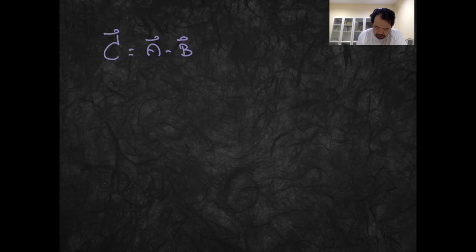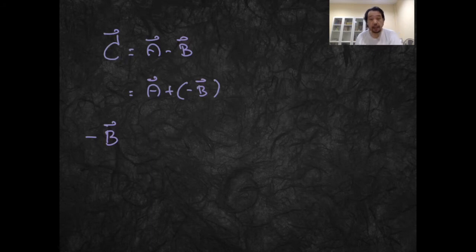Now, the last one for this problem is the subtraction between two vectors. Okay. We say that C is equal to A minus B, which means that C is equal to A plus minus B, and minus B is a vector that has the same magnitude as B but points in the opposite direction.